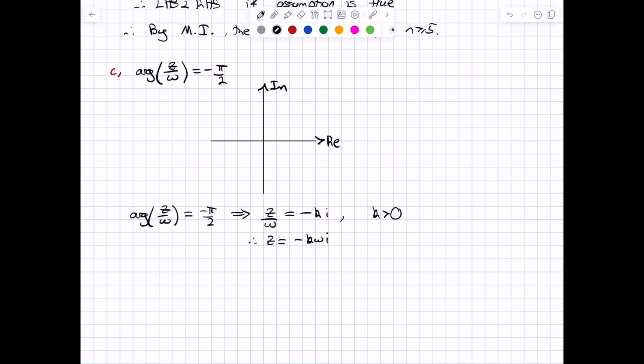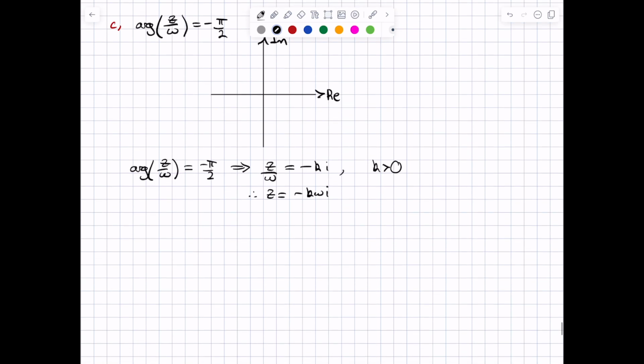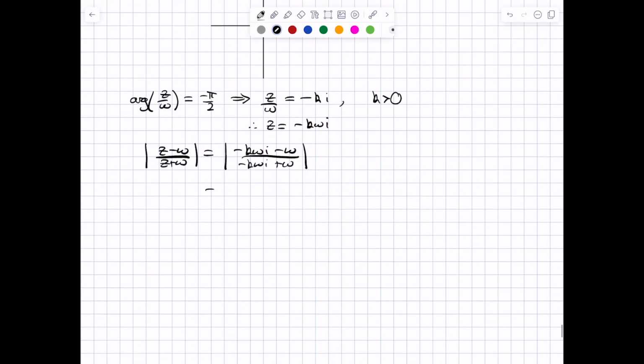And I'm going to substitute that back into the expression that we're trying to evaluate. So I'm trying to find the modulus of (z−w)/(z+w). So I have (−kwi − w) divided by (−kwi + w). Well, I can divide top and bottom by w. I'll end up with (−ki − 1) divided by, let's write it as, 1 − ki.